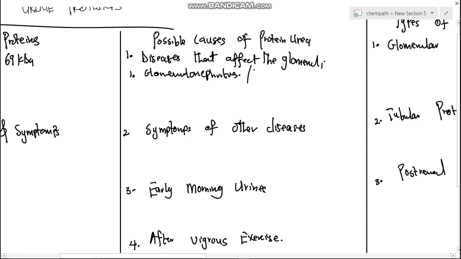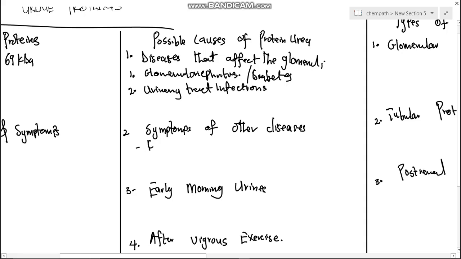Then we also have diabetes. Then we can have urinary tract infections. Then we can also have symptoms of other diseases such as eclampsia in pregnancy.